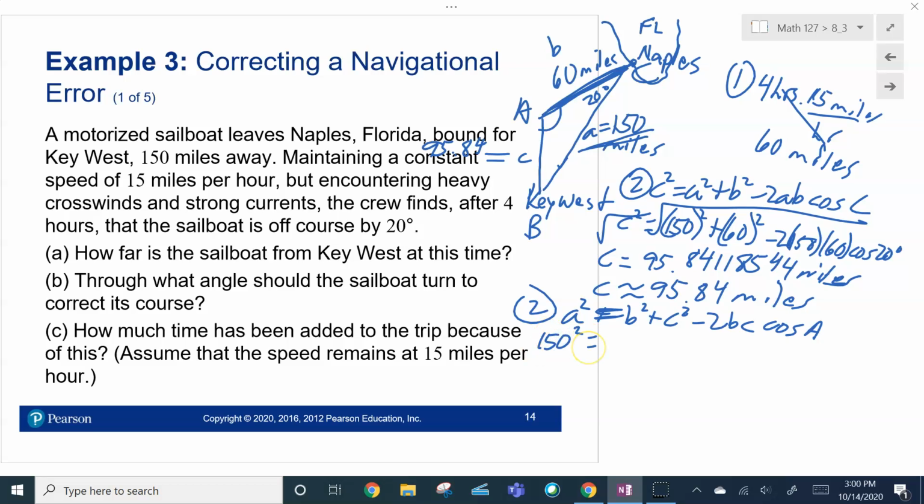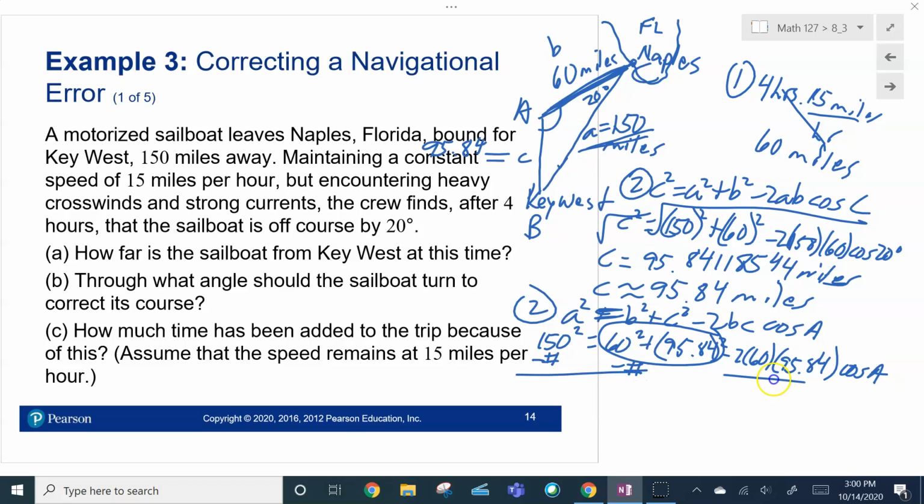So 150 squared equals 60 squared plus 95.84 squared minus 2 times 60 times 95.84 cosine A. Then I square those, subtract on both sides, and divide by the coefficient of cosine A, and I end up with cosine A. Then I take the arc cosine on both sides.